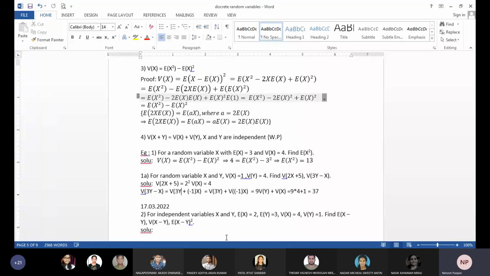Similar thing for your expected value: expected value of x minus y is expected value of x minus expected value of y. There the minus stays in expected value, while in variance it becomes plus. Why does it become plus? Because of the property of the variance, that variance of ax is a square into variance of x.